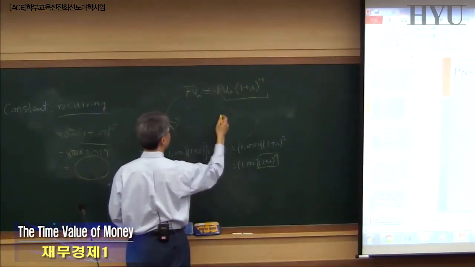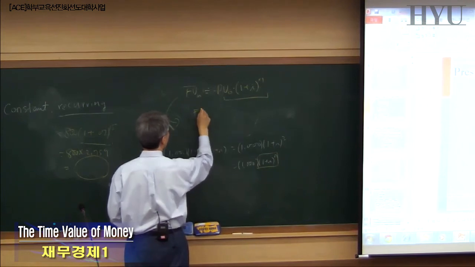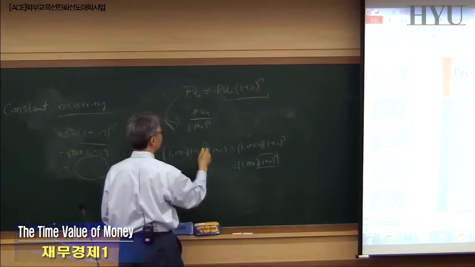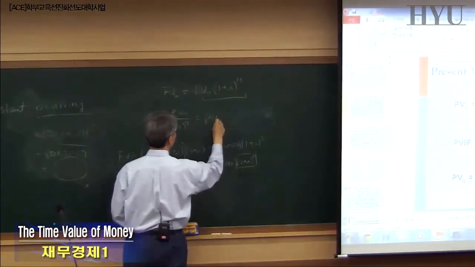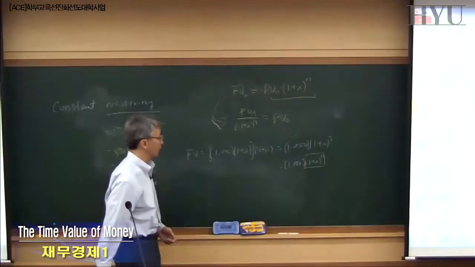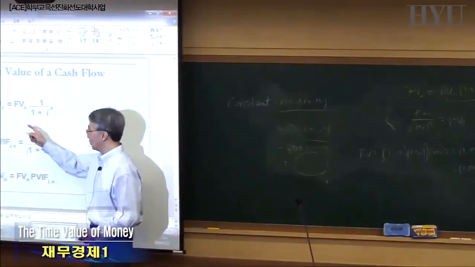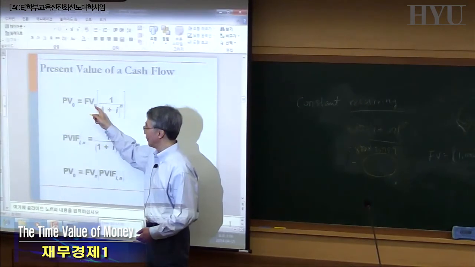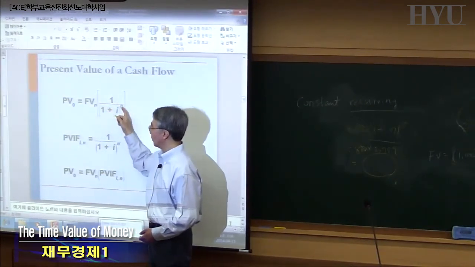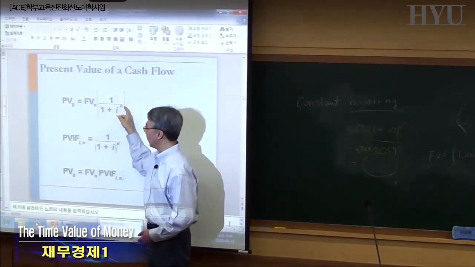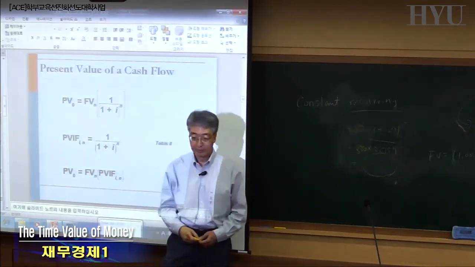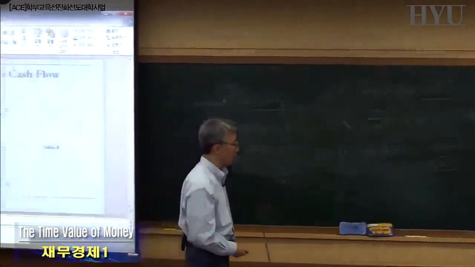Divide both sides by (1 plus I) to the power of n to get PV0. That's how the formula came about. So present value equals future value times this, or future value divided by (1 plus I) to the power of n.